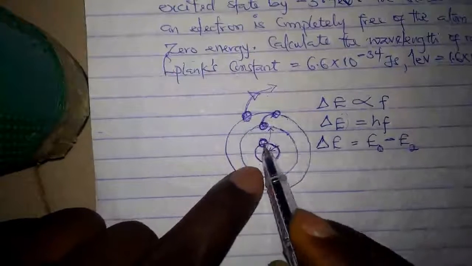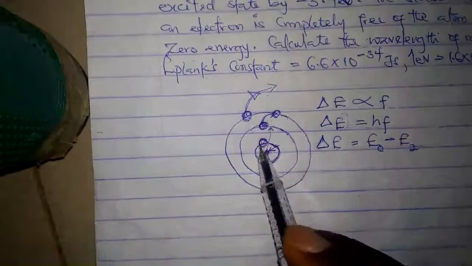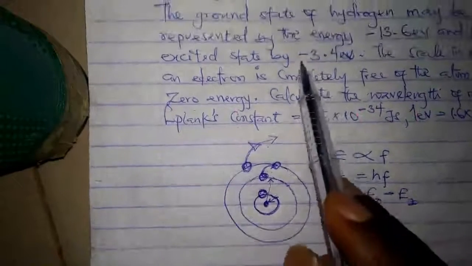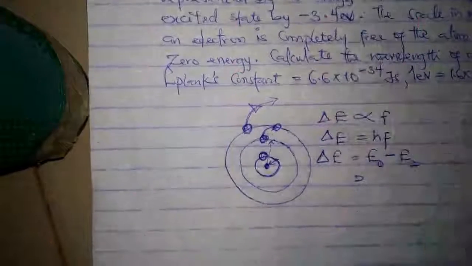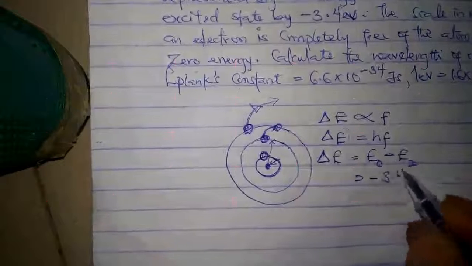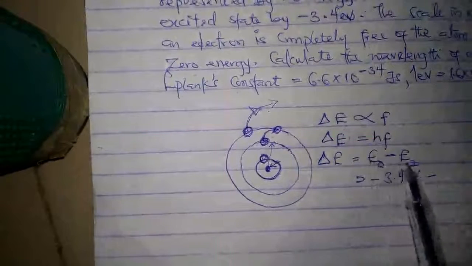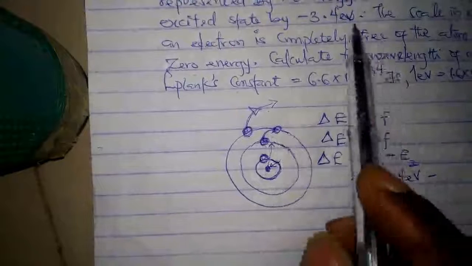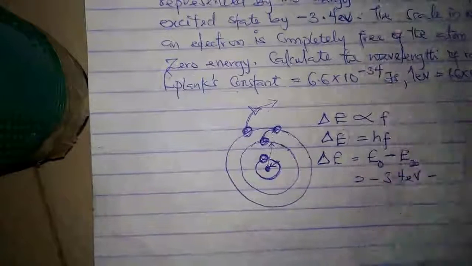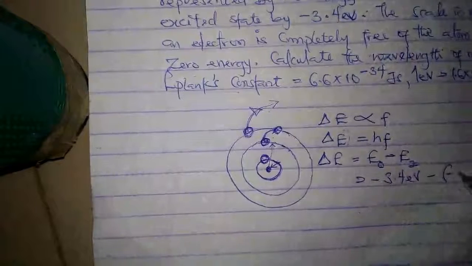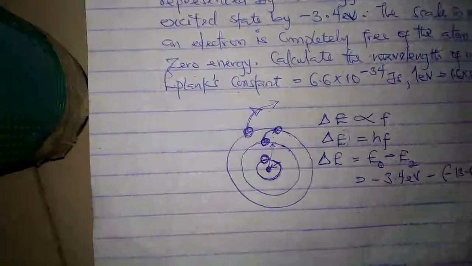Where it's coming from, as I said earlier, has a greater energy, which is minus 3.4 electron volts, minus, we subtract from it the level where it's jumping to, which is minus 13.6 electron volts.